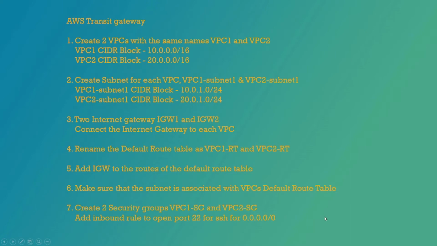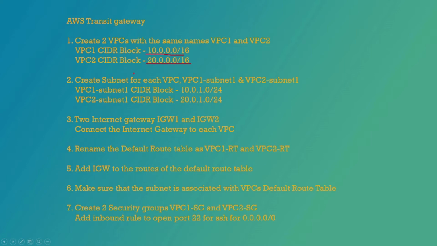These are the steps to create an AWS Transit Gateway. First, we have to create two VPCs with the names VPC1 and VPC2. Then the CIDR block for VPC1 is 10.0.0.0/16, and for VPC2 it is 20.0.0.0/16.